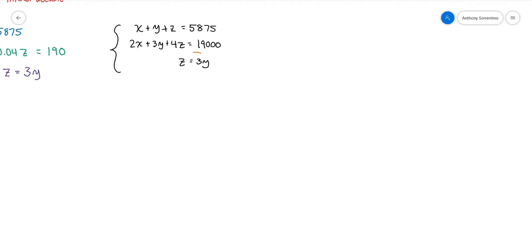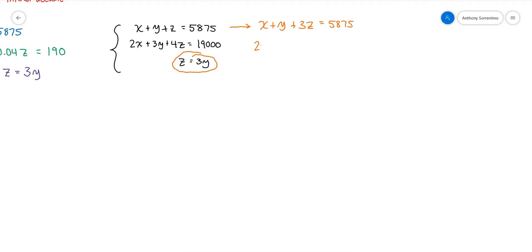I chose to use the fact that we had an equation that said z equals 3y. That means I could basically eliminate the z's from the two equations up there. So this one can be rewritten as x plus y plus 3z equals 5875.